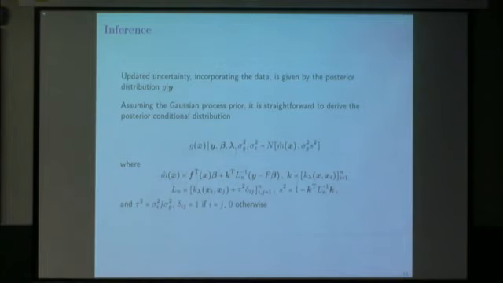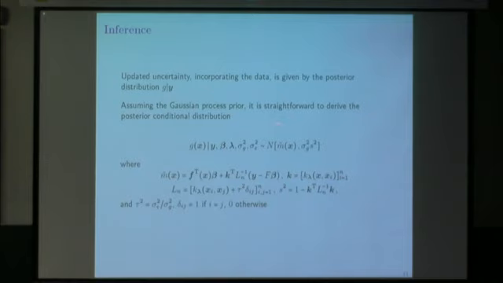Given that we have some data, we want to update our prior beliefs, and this can be done through the posterior distribution. If we condition on all the model parameters, it's straightforward to derive the posterior distribution, which again is a normal distribution with now an updated mean and variance covariance.